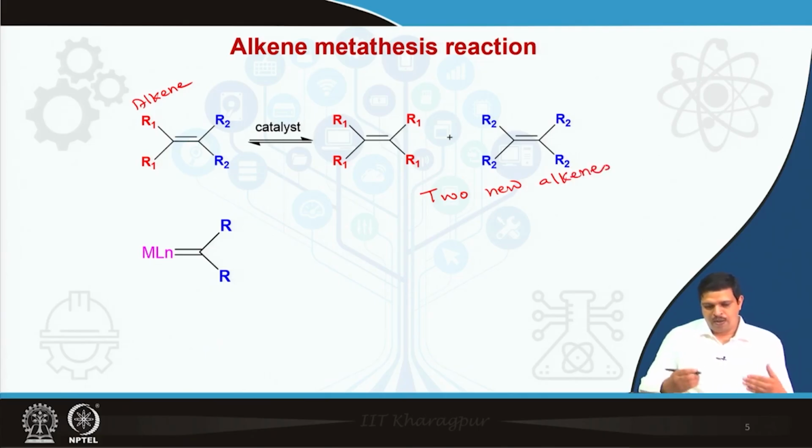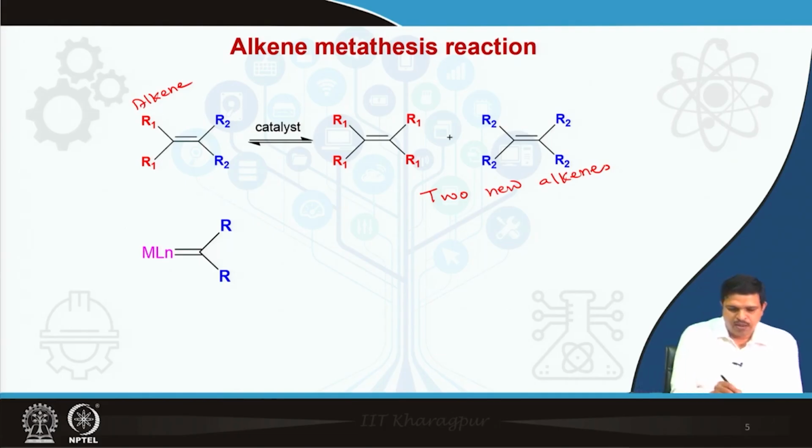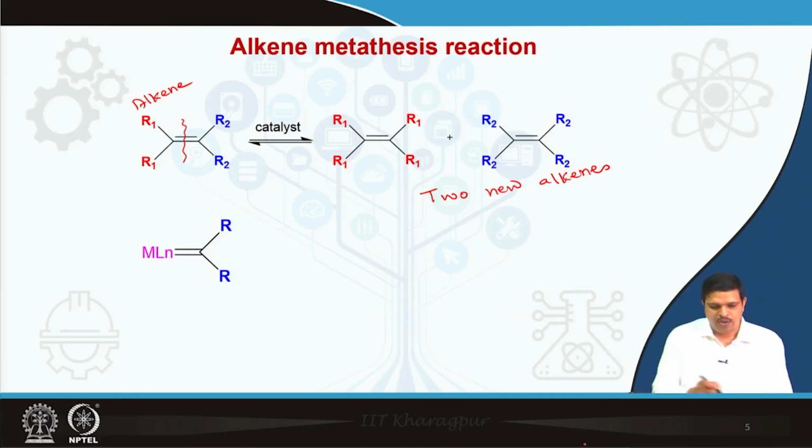It looks as though somebody has broken this part and then threaded it again. Like this red part, and another half of this red part. If you thread them, you get this alkene, and the blue part. Similarly, if you thread the two blue parts, you get this alkene.